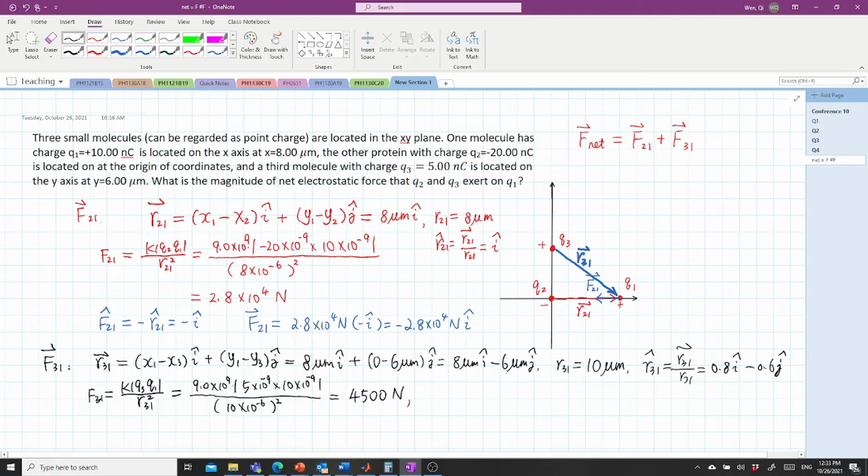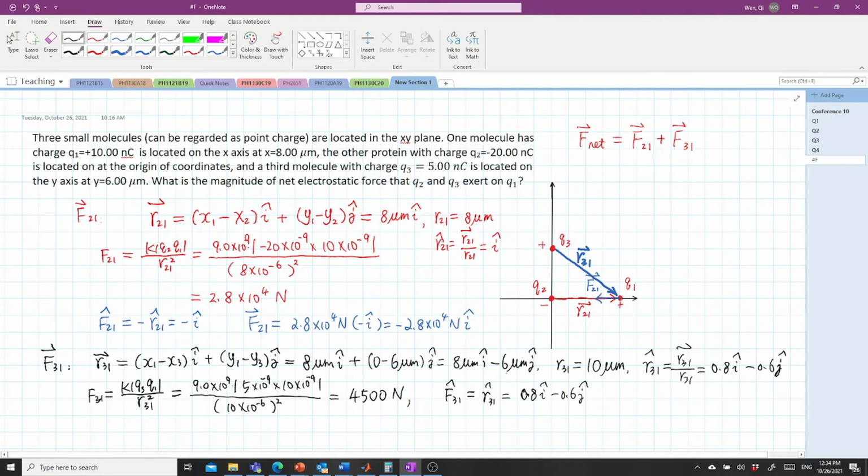The next step is to find the direction of the force. Q3 is a positive charge and Q1 is a positive charge, so Q3 will repel Q1. The force is repulsive, so the force is in the same direction as the vector R31, which equals R31 hat, which is 0.8 i hat minus 0.6 j hat.